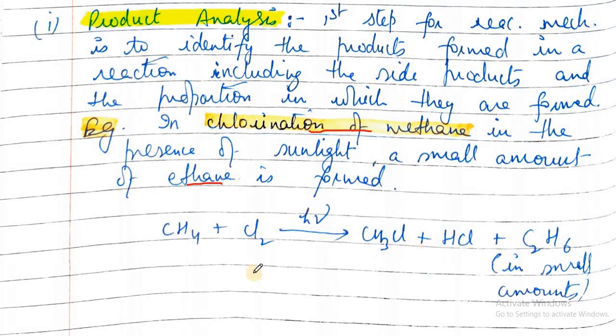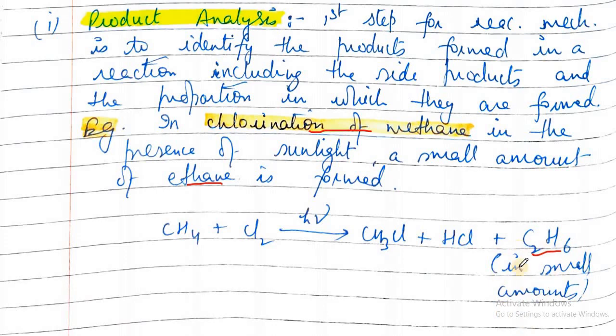In this reaction, all the hydrogens are replaced one by one. First we get monochloromethane, then dichloromethane, then trichloromethane, then tetrachloromethane. In these reactions, a side product is formed, that is C2H6, ethane, in a very small amount.